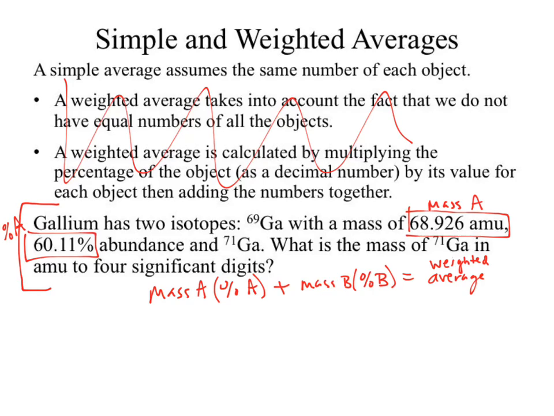So we said in the equation, to solve this, we got 5 things. I have to give you 4 of them. And yet I've only given you 2. And somehow I still expect you to be able to solve. So we can figure out the other percentage, how does that add up to 100%? We know the percent of A plus the percent of B must equal 100%. Which means percent B will be 39.89.